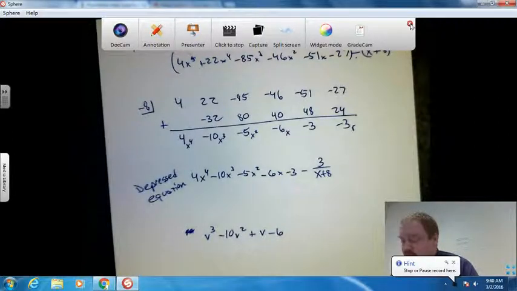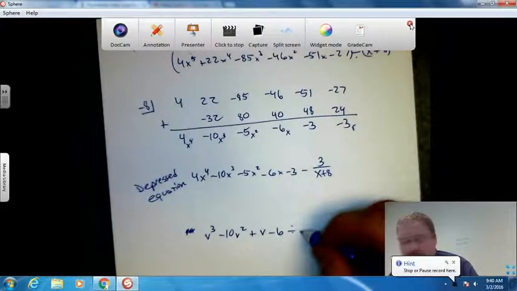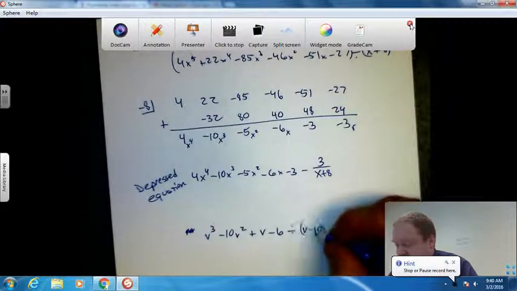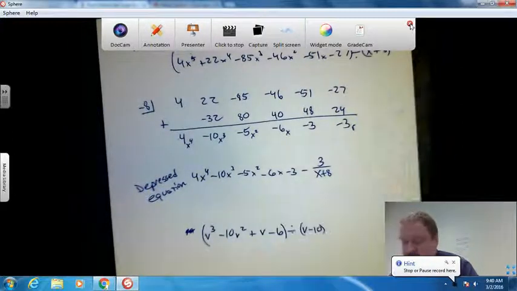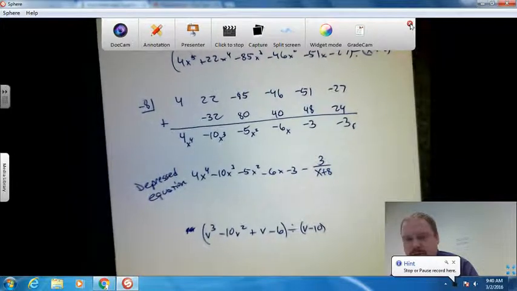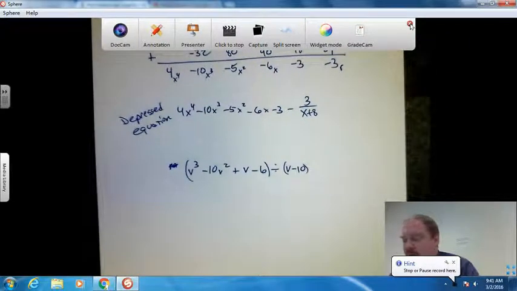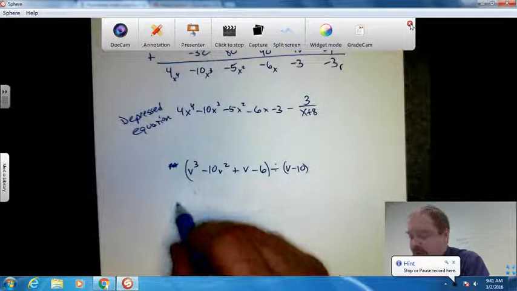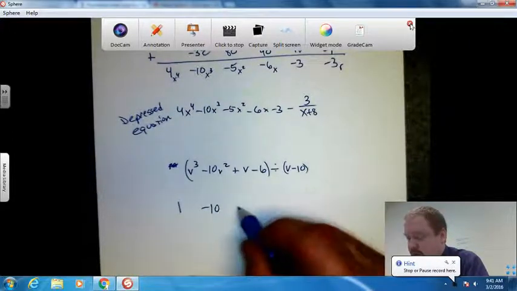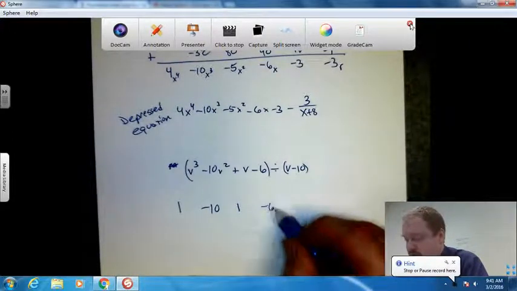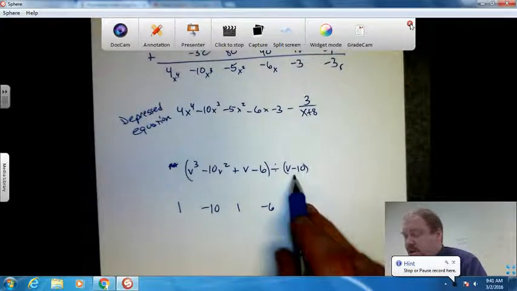Now, I'm going to divide this by v minus 10. All right. Now, if you notice, I have a couple of these that don't have coefficients. All that means is that they are ones. And then what goes on the shelf is the opposite of this sign.